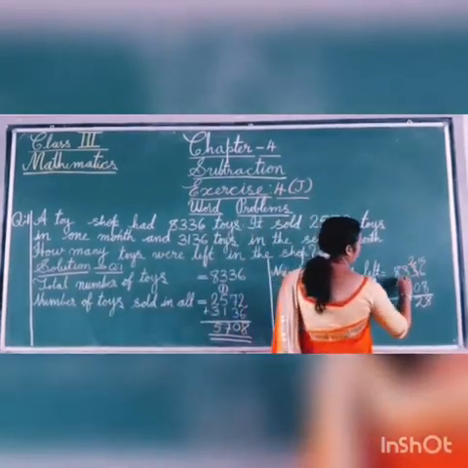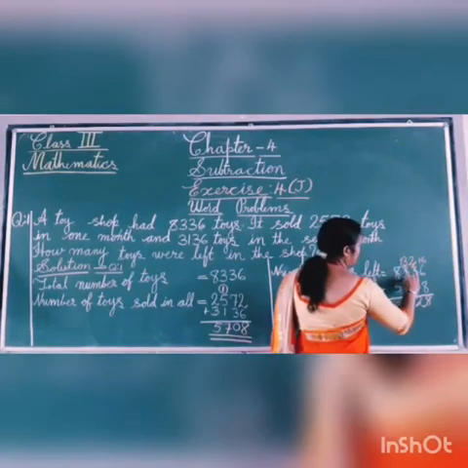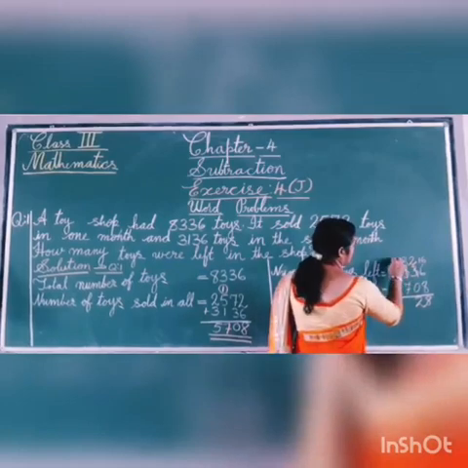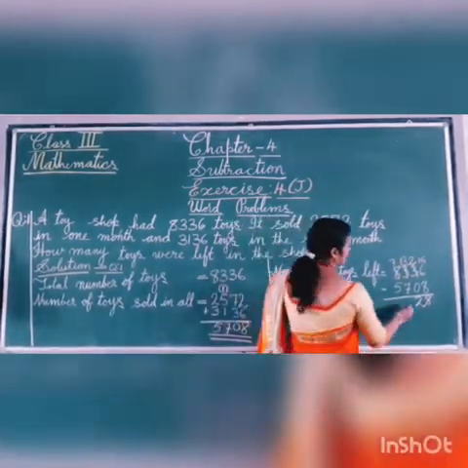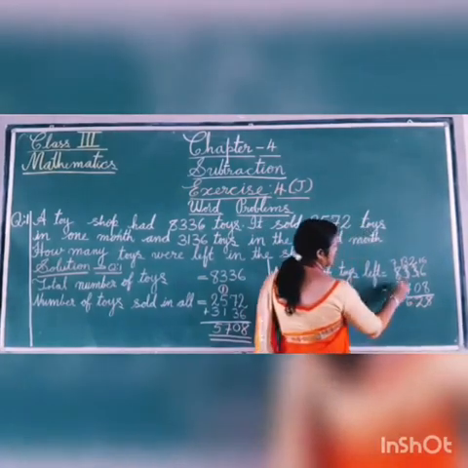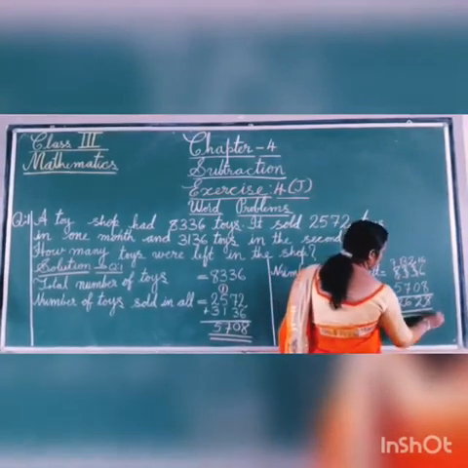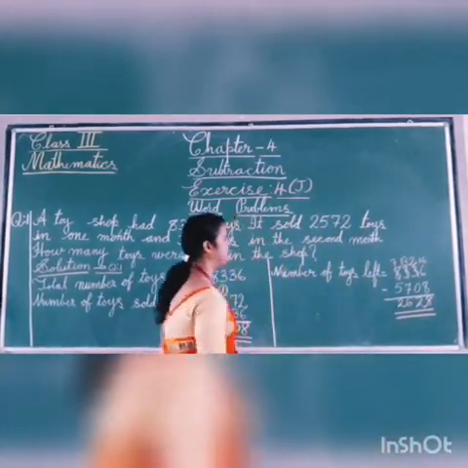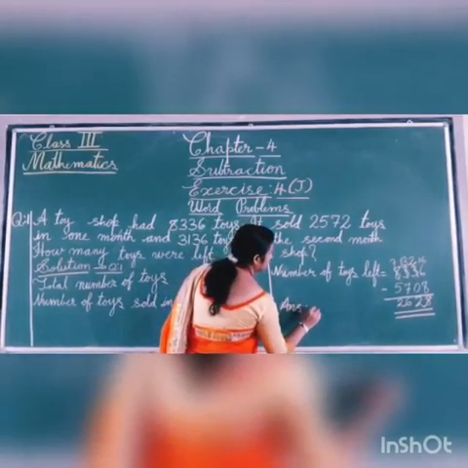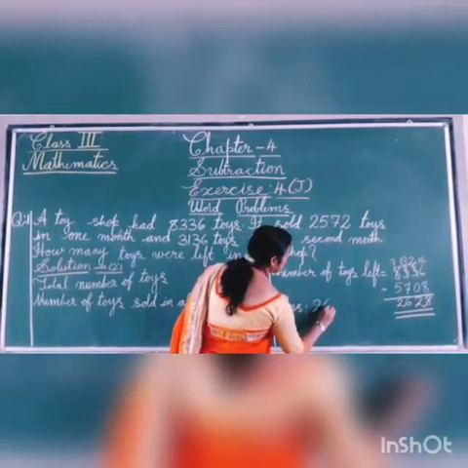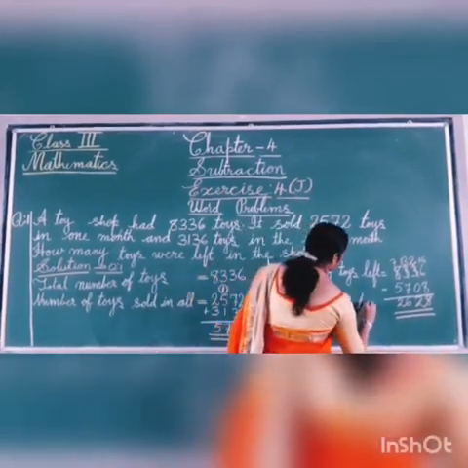So we borrow 1 thousand from here and give here, 13 hundreds and 7. Here we have 13 minus 7, we will get 6. 7 minus 5, 2. So your answer will be 2,628 toys.